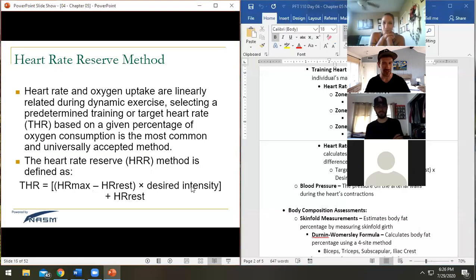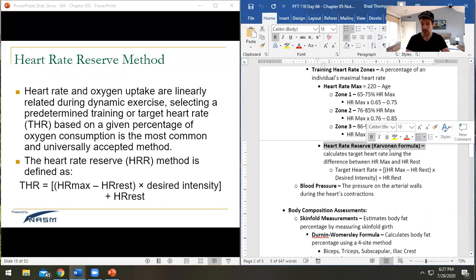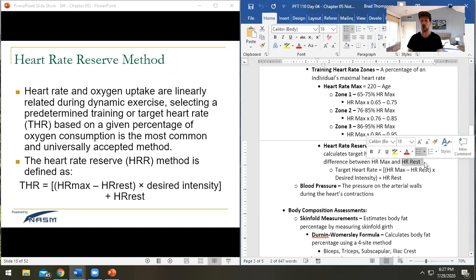But if you want to get really accurate heart rate training zones, you're going to use a different formula. This is what's referred to as the heart rate reserve method, or Karvonen formula. This calculates your target heart rate using the difference between your max heart rate, which is still 220 minus your age, and your resting heart rate. So if you have a lower resting heart rate, less is going to come off of that heart rate max, so your training zones are going to be different.